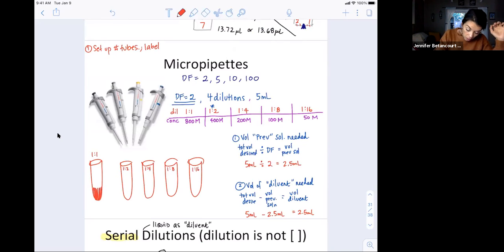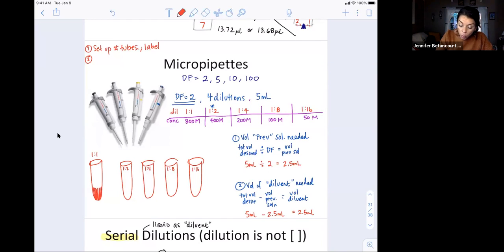Okay, they're labeled. Awesome. Now what you do is you're going to add the diluent to all of your tubes because the diluent never changes. The volume of the diluent never changes. So if you need to add 2.5 mils to all those tubes, then add them all at once.